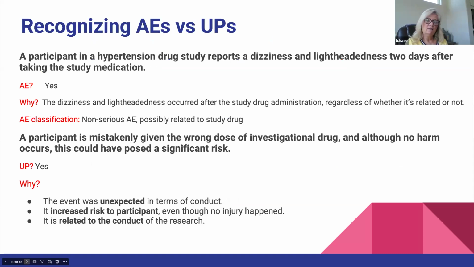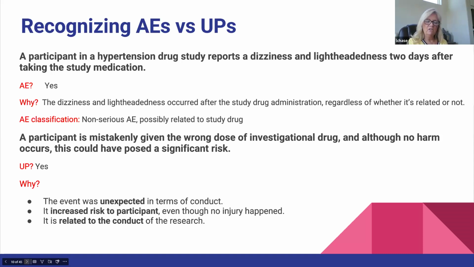So, recognizing AEs and UPs. I just gave a couple more examples here. A participant in a hypertension drug study reports dizziness and lightheadedness 2 days after taking the medication. So this is an AE. The reason why is the dizziness and lightheadedness occurred after the study drug administration, regardless of whether it was related or not.